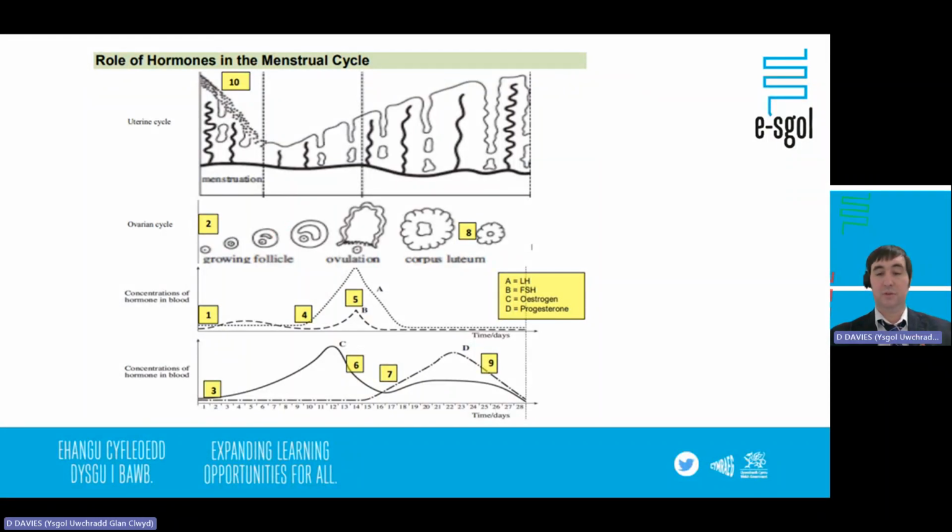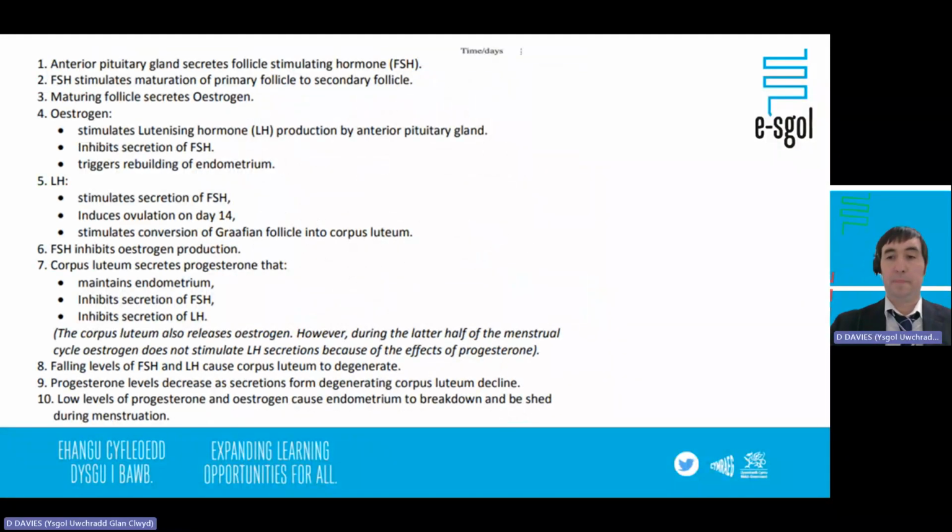You can chunk it down into this hormone graph, this ovarian cycle, that uterine cycle, but it's a matter of remembering what does what. So this is what each of those numbers represent. I'd like you to draw those 4 graphs and then label the graphs with these functions.